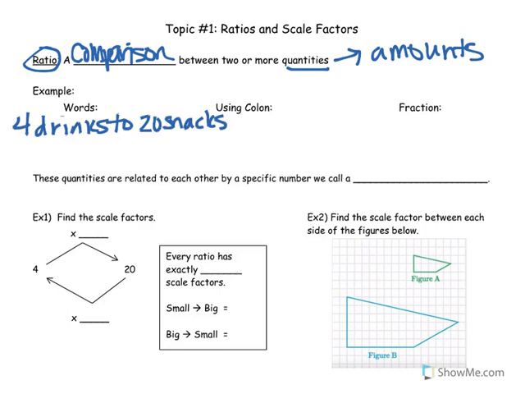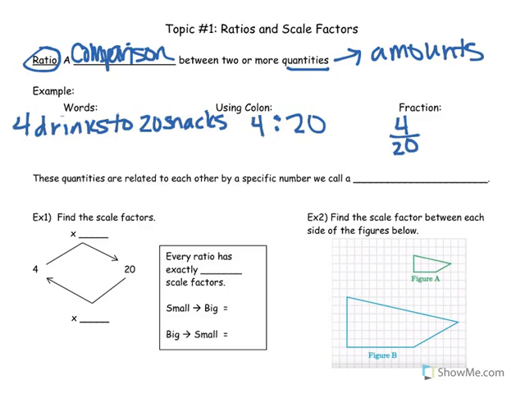In the colon, I'm going to write 4, and instead of the word to, I can actually just write 2 dots and say 4 to 20. And then as a fraction, well, we've all been very familiar with fractions, it's going to be 4 over 20, like this.